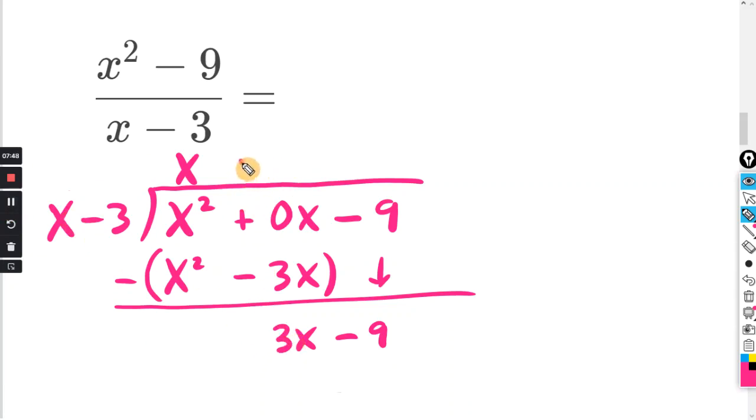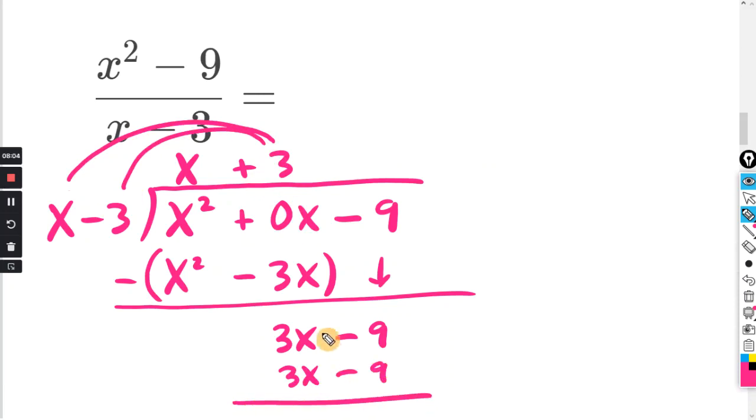Once again, what times x gives us 3x? Well, that's just positive 3. Okay, distributing, 3 times x is 3x. And 3 times negative 3 is negative 9. Okay, same thing, right? If we just subtract this, we're just going to get 0. So the remainder equals 0.